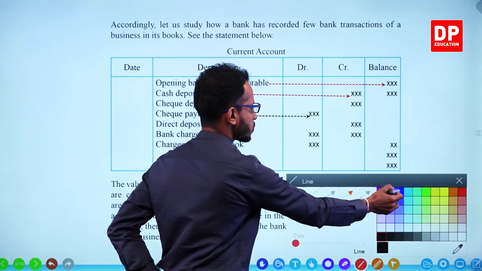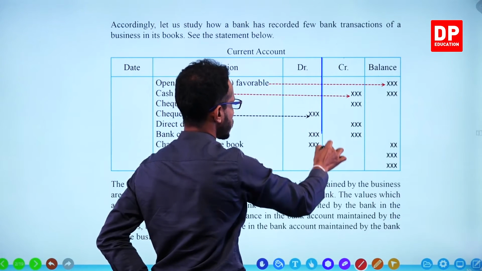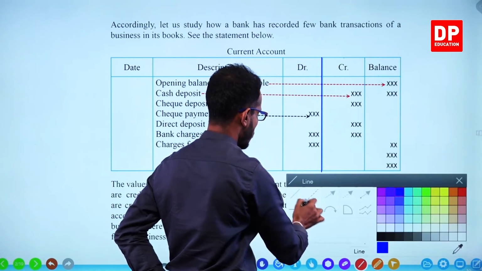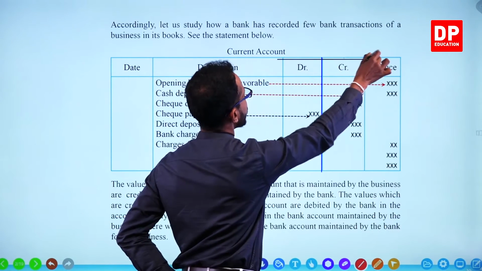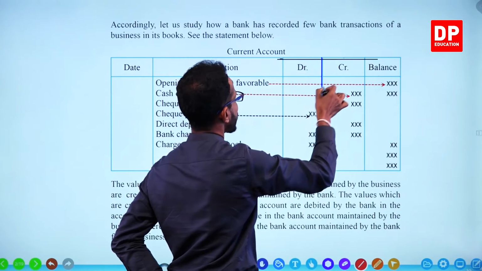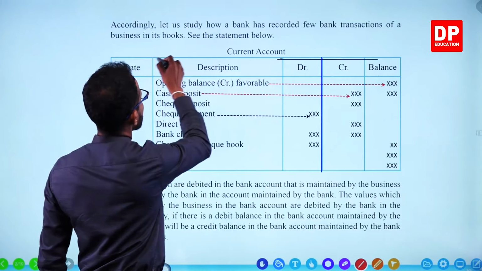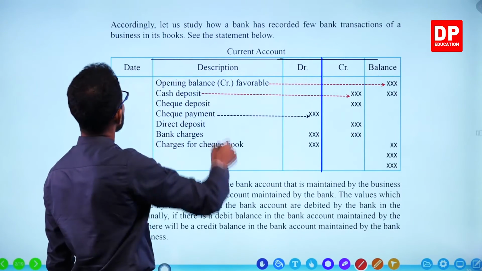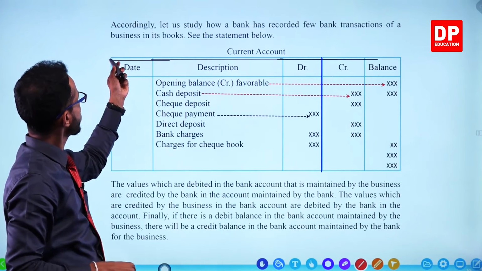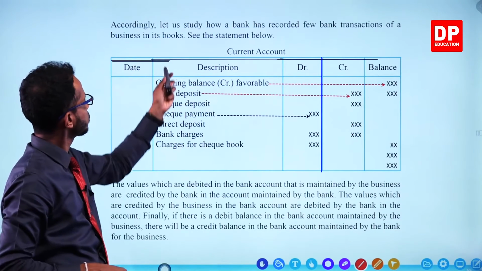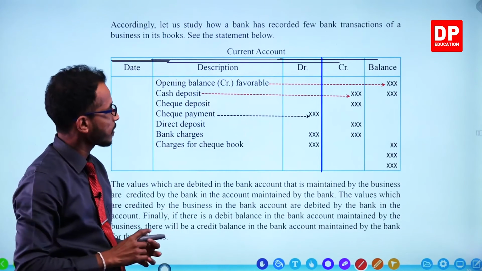Debit and credit columns, they come like this. The description column and the date column here. Likewise.